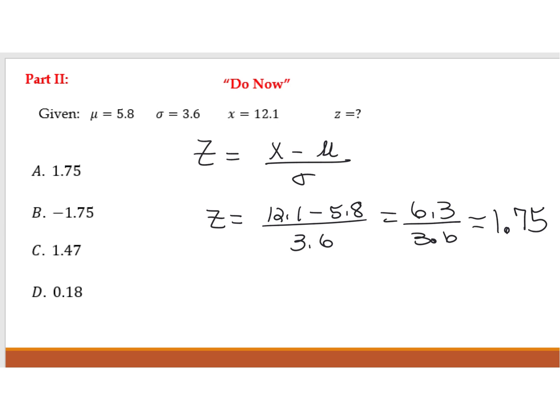All right, completing that computation, I would have 6.3 divided by 3.6, and when I do that, I get 1.75.